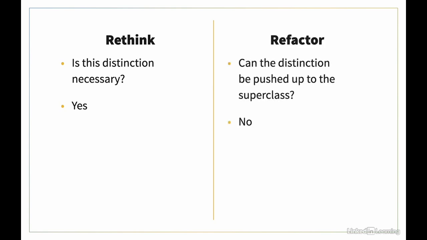Perhaps the new method can be pushed up the class hierarchy into a superclass. This would restore Liskov substitution. In this specific example, the table index isn't optional for Markdown. It doesn't really make sense to push this up into the superclass because the table index doesn't apply to file formats like CSV or JSON.